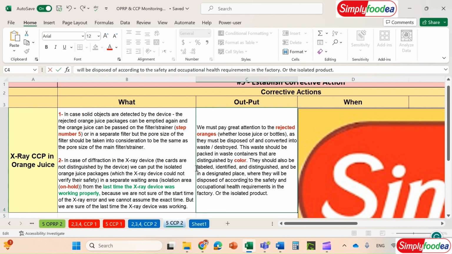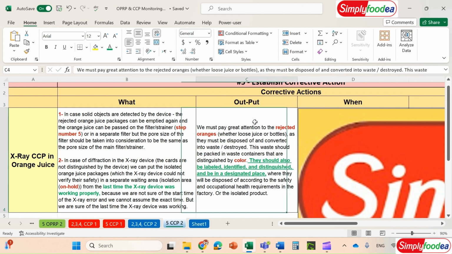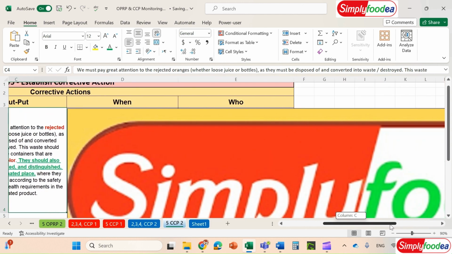They should also be labeled, identified, and distinguished, and be in a designated place. These are the main standards for any isolated product. Very important topic. They will be disposed of according to the safety and occupational health requirements in the factory. So what are the outputs of our isolation? This is the main output criteria of any scrapped or waste product after your CCP.